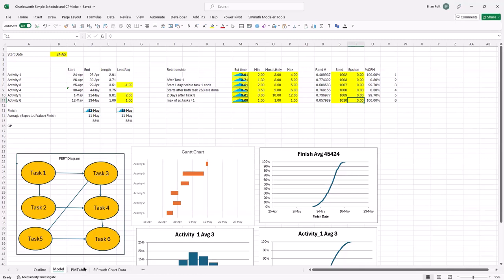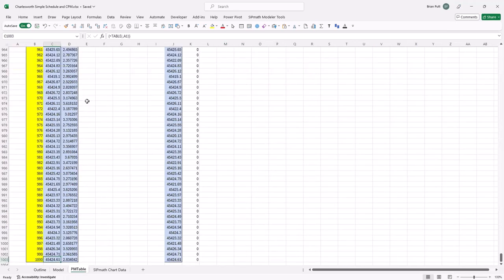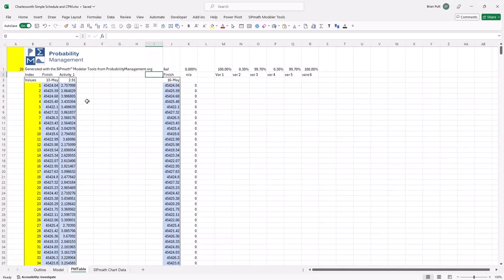So over here on this sheet, we have 1,000 trials, and I've stored over here the reference case. So you can see these numbers here correspond right now to over here because I don't have any epsilons over here on my model.